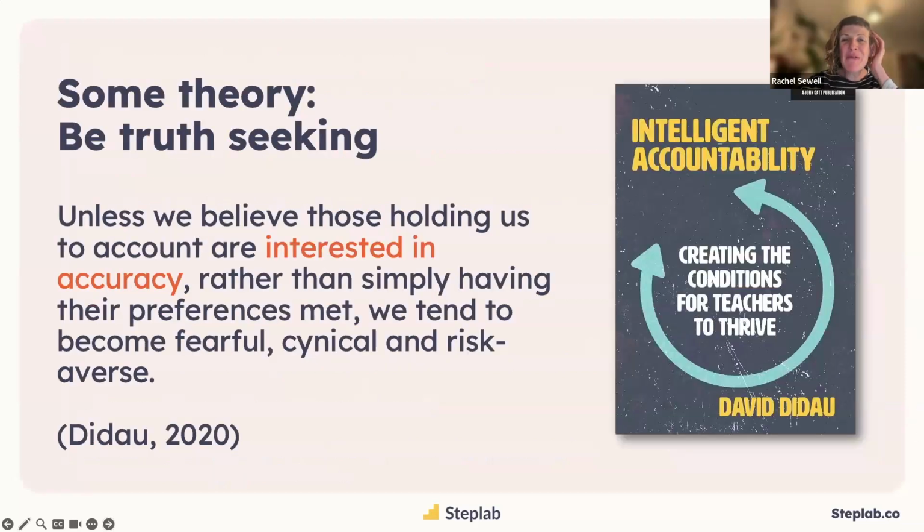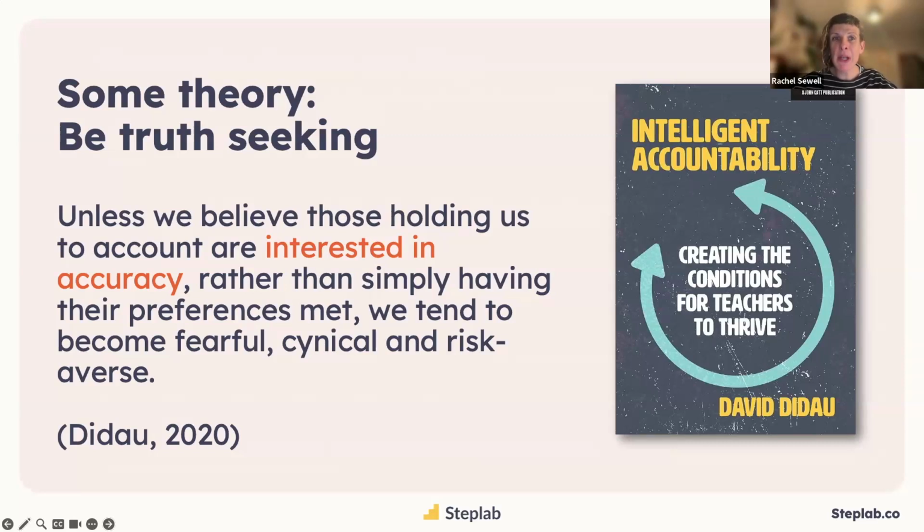So, just to really foreground that, I'll let you have a look at this quotation, which I really like. So this is really interesting because if as a coachee you feel like your coach has an agenda or is really opinionated, like, oh, that coach is obsessed with direct instruction, so that's the only feedback they're ever going to give me, then you're going to be a lot less inclined to take on their advice.